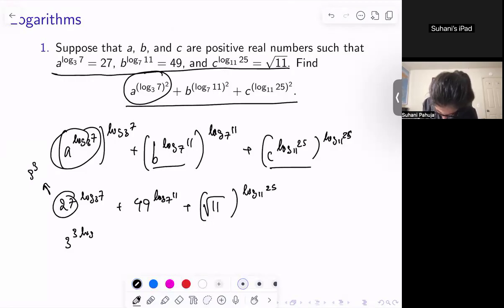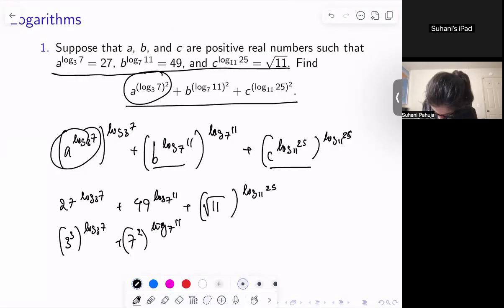So you can write this as 3 to the power of 3 times log base 3 of 7 plus 7 squared to the power of log base 7 of 11 plus root 11, which is 11 to the 1/2, so 11 to the 1/2 to the power of log base 11 of 25.